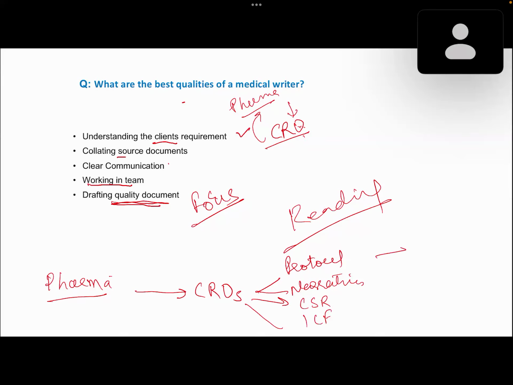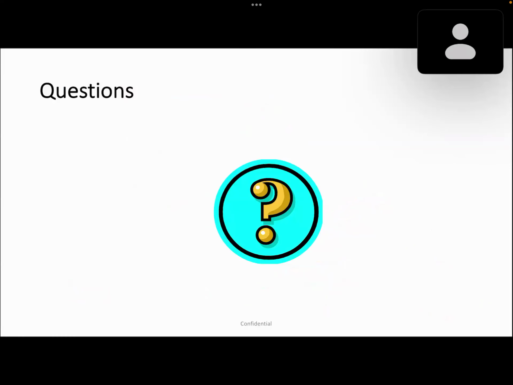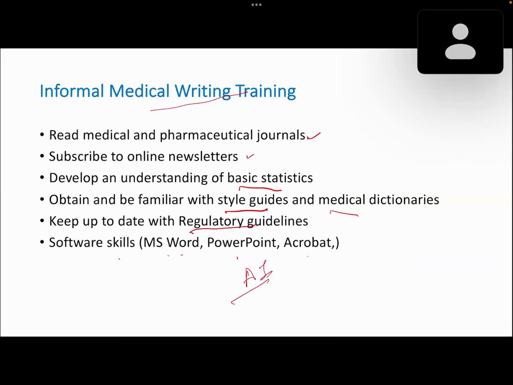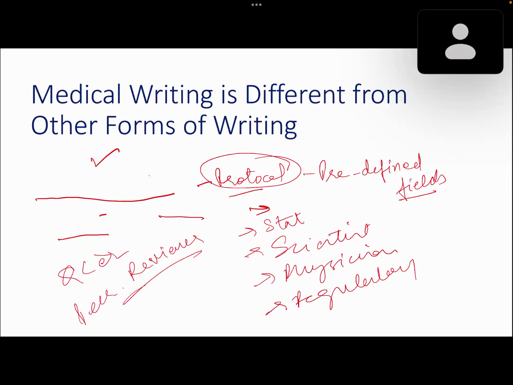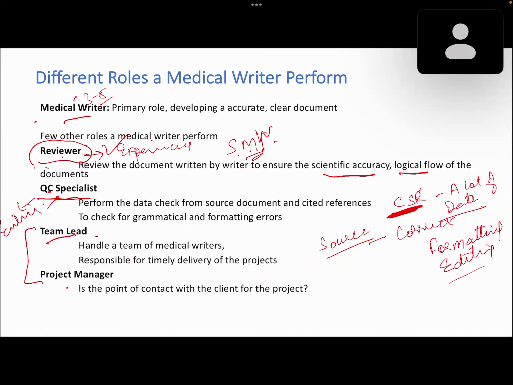So medical writing roles will be medical writer, QC specialist, peer reviewer, team lead, project manager, all will be here. The slide that I have shown you, where is it? Oh, taking so long. Oh, here it is. These are the typical job roles that you will find in pharma company as well as in contract research organizations.